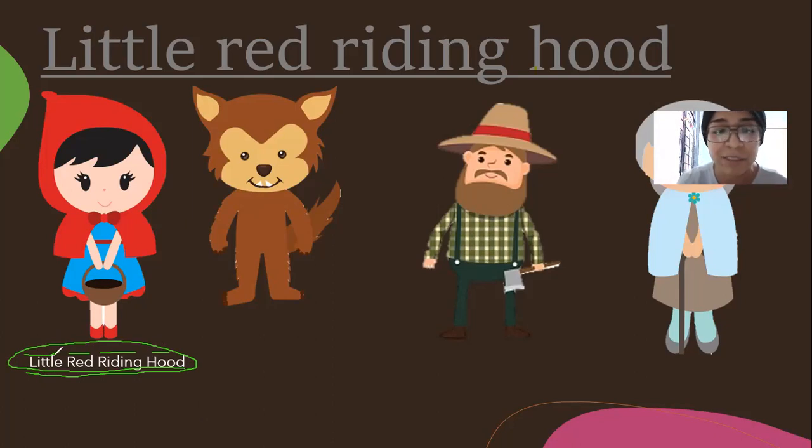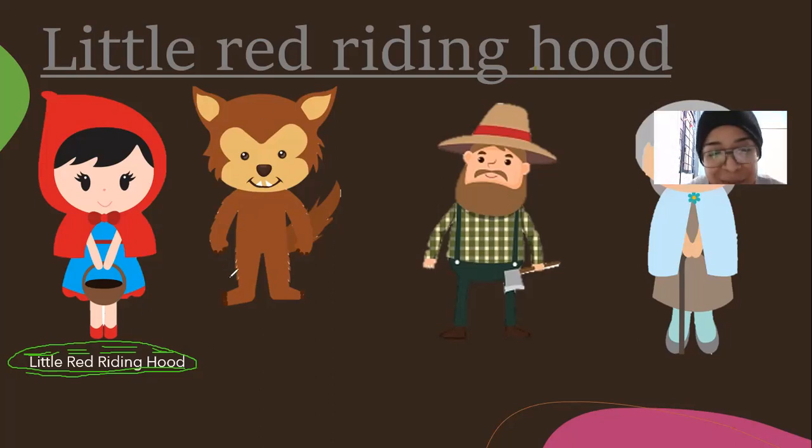Vamos a intentarlo otra vez. One by one. Little Red Riding Hood. Ahora de dos en dos. Little Red Riding Hood. Very good. Ahora vamos a tratar de decirlo todo junto. Ok. Little Red Riding Hood.